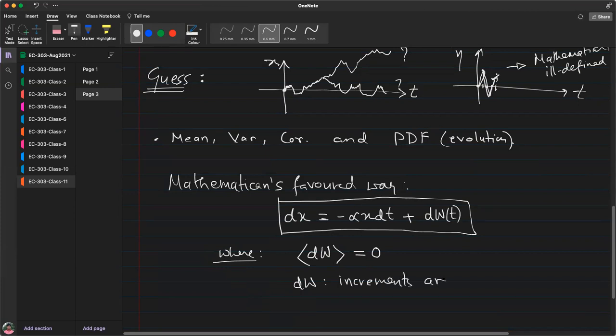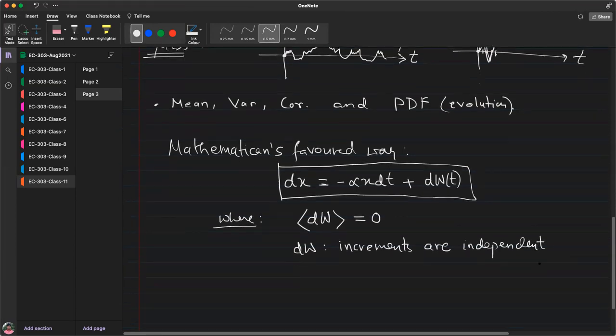Increments are independent. Meaning, if you take the increment between t and t plus delta t and another small interval, all the increments are independent, and that defines the correlations.